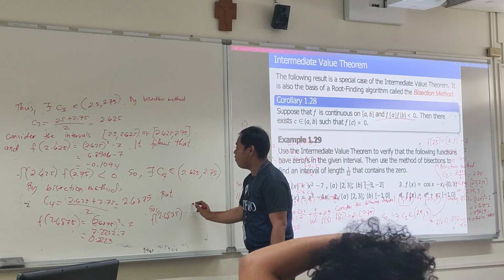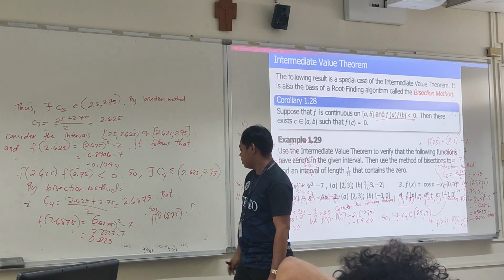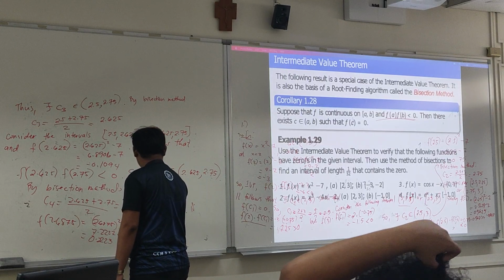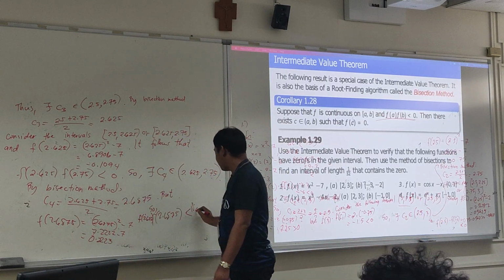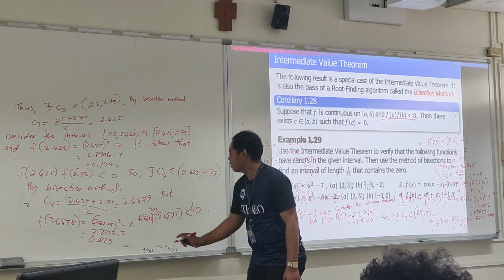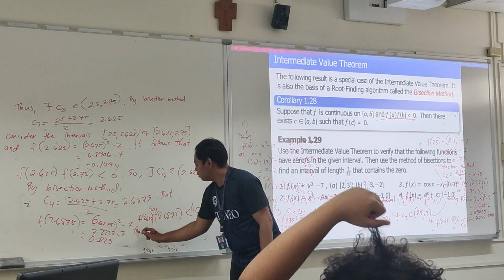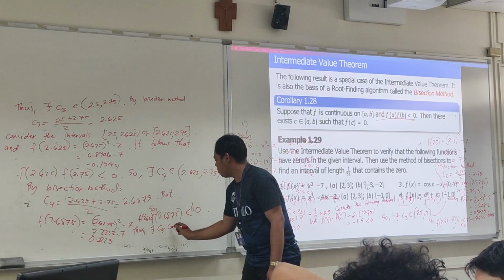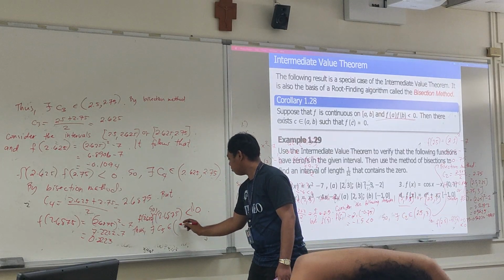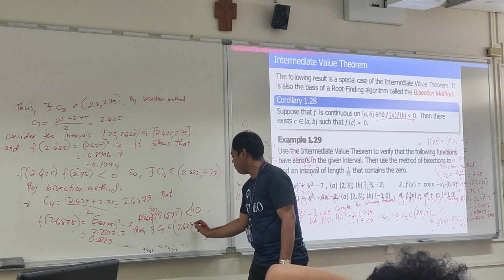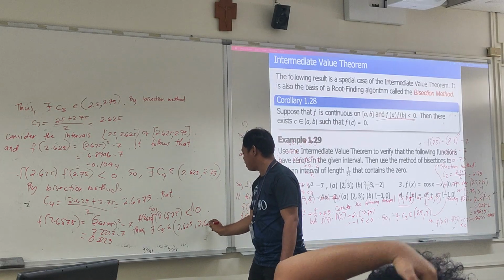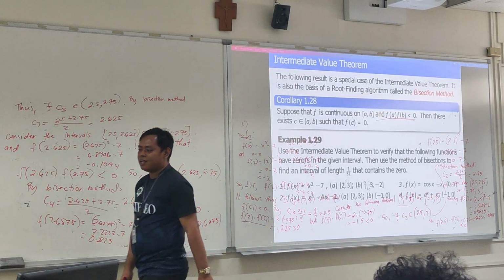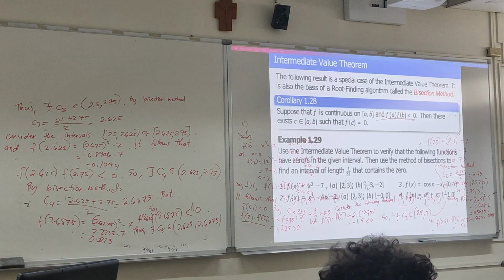So there exists C5, an element of the interval 2.625 and 2.6875.